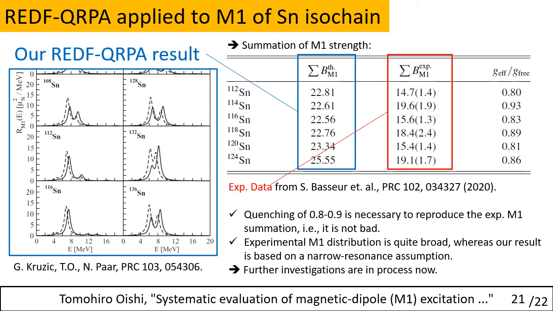Actually, this is not bad. For the experimental M1 distribution, however, it's really broad, whereas our result is based on the narrow resonance assumption. So, further investigations are in process now.